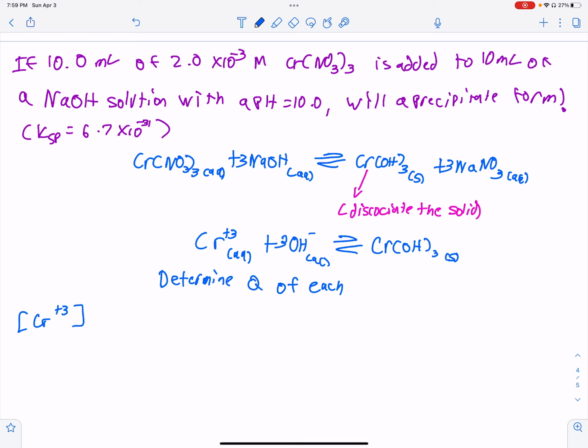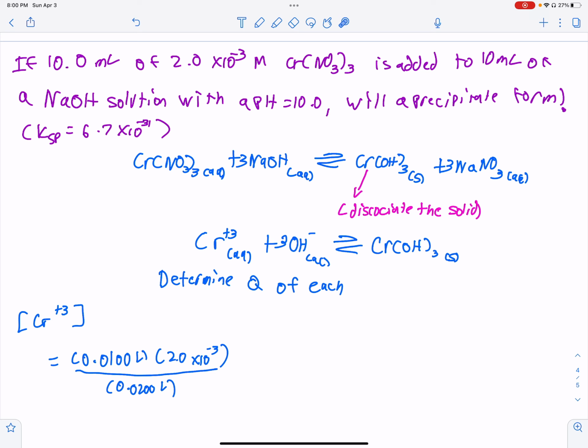What do I know? Well, I know that I have 0.0100 liters of the chromium. Remember, it's 10 milliliters, so that's 0.01 liters. It has a concentration of 2.0 times 10 to the minus third. And I know the total volume is 0.0200 liters.